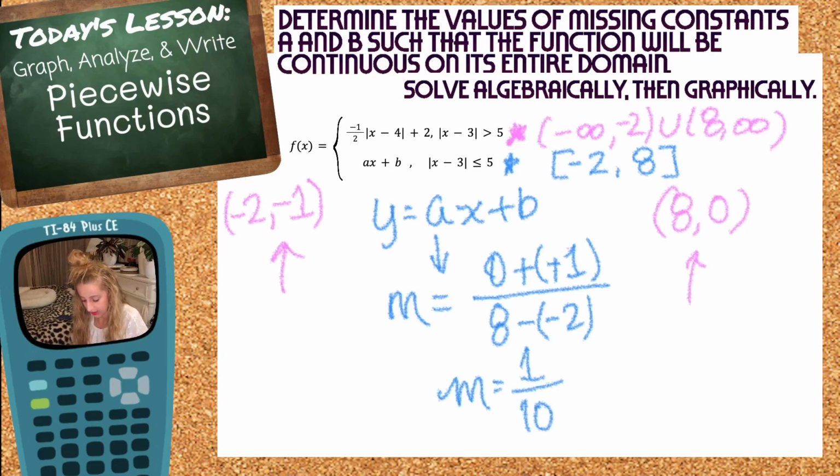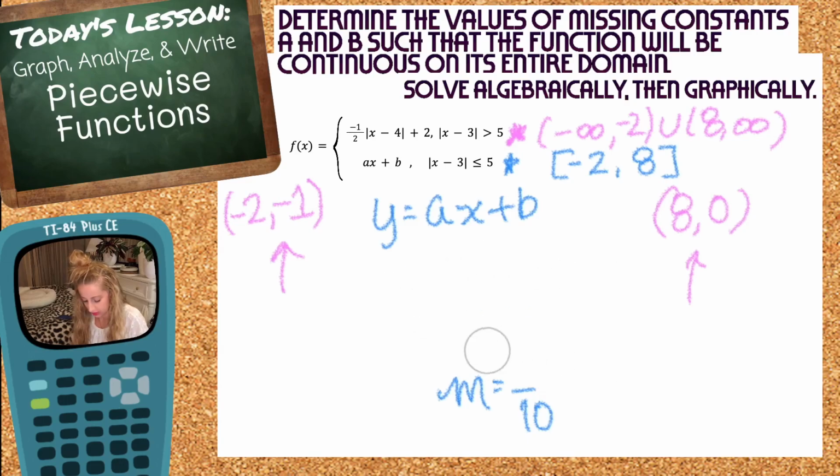Again, I'm going to erase, so if you need to look at what I did again, you can rewind, but I'm going to show it graphically. I think it'll make more sense when you see the graphical interpretation of it. So that is -1 over 10. Now, to get the b value, you could pick either ordered pair. Neither of them is the y-intercept. So I can pick either 8, 0, which has a 0 in it, or -2, -1.